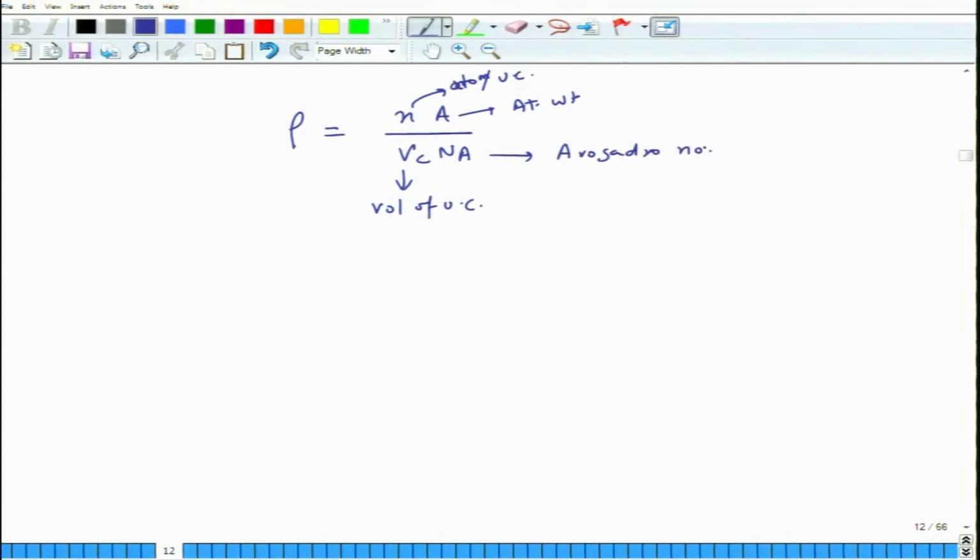By this you can determine the density of metals. So this completes our metals and alloys chapter.